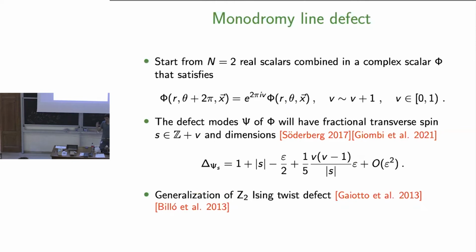So, a monodromy defect: consider a bulk theory with an O(2) symmetry, so with two scalars, such that you can use complex notation and define a complex scalar in the bulk. And imagine that when you rotate around this line, your scalar acquires a phase. So this is what we call a monodromy defect.